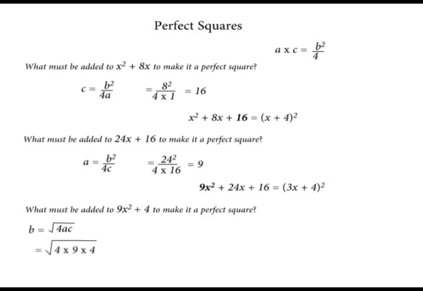That is the square root of 144, which is plus or minus 12. We either add minus 12x or 12x. Either way, it will be a perfect square. 9x squared plus 12x plus 4 is equal to 3x plus 2 squared. Also, 9x squared minus 12x plus 4 is equal to 3x minus 2 squared.